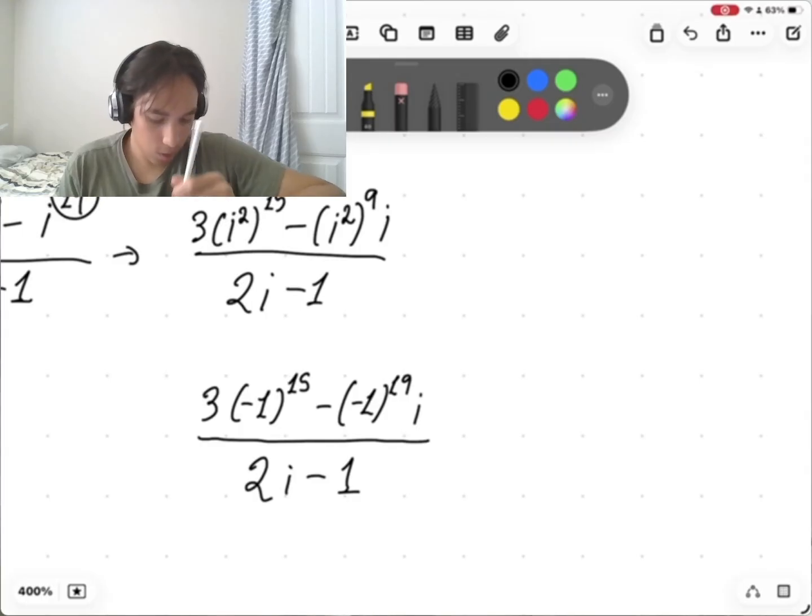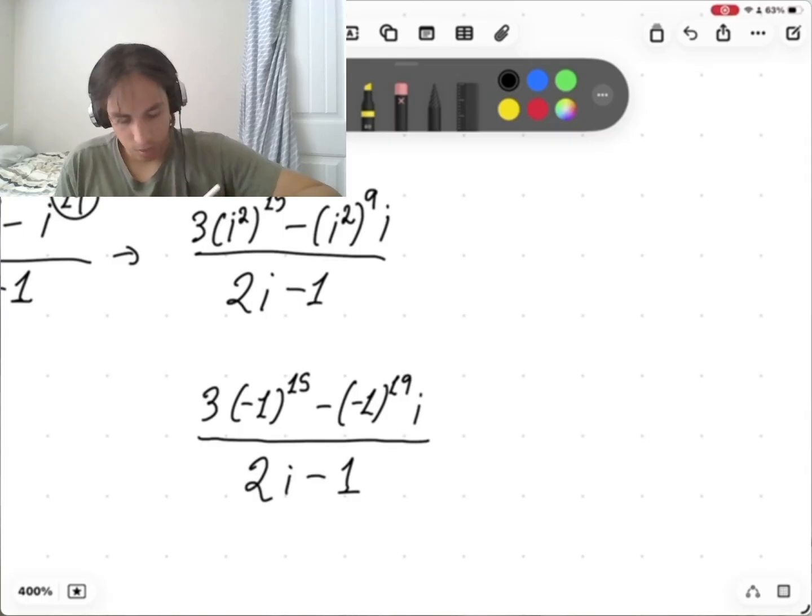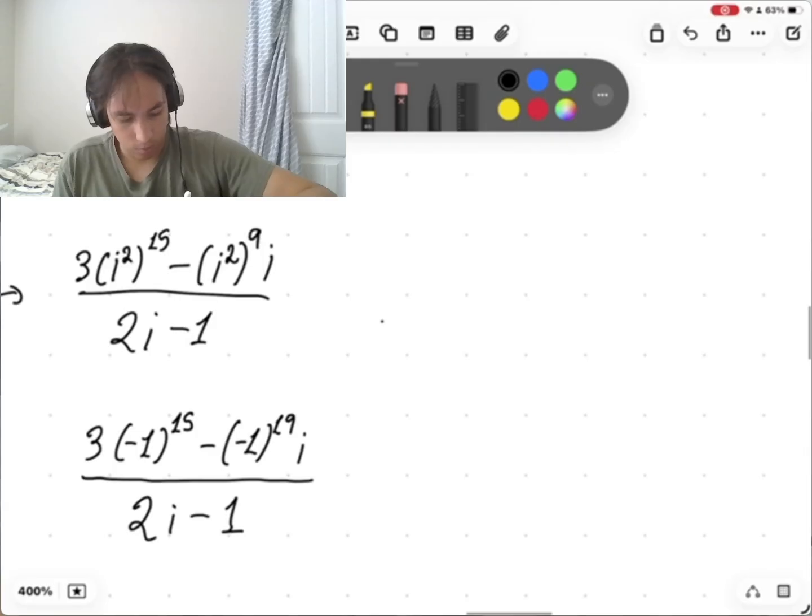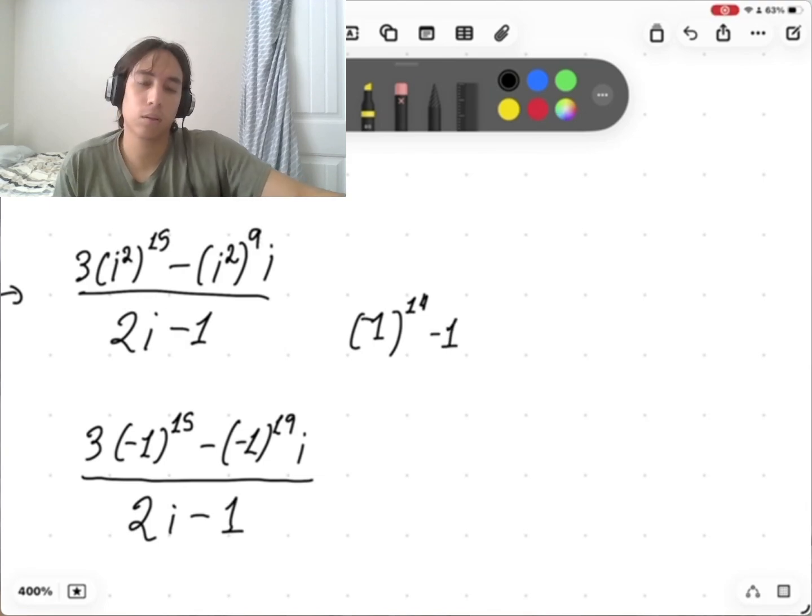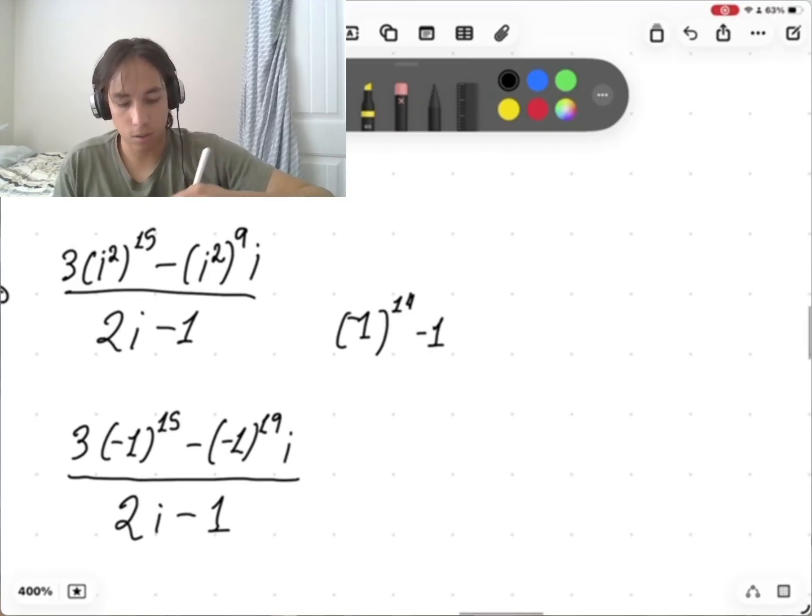So you can get -1 to the 14th times -1. Since the power is even, the -1 cancels, and we get 1 times -1, which is -1.